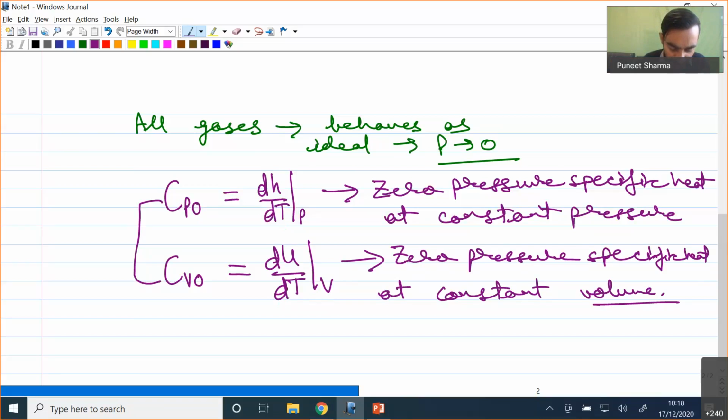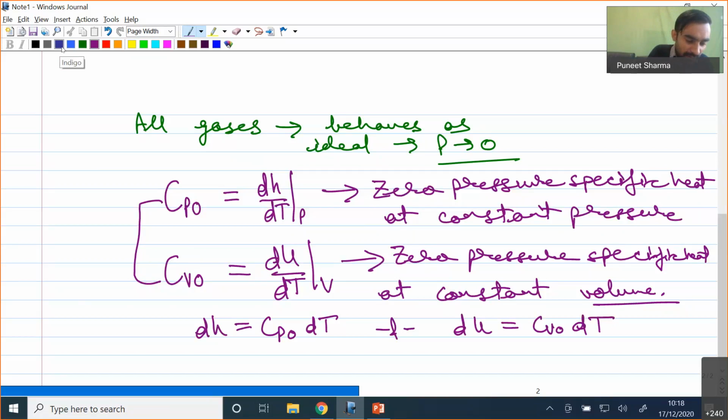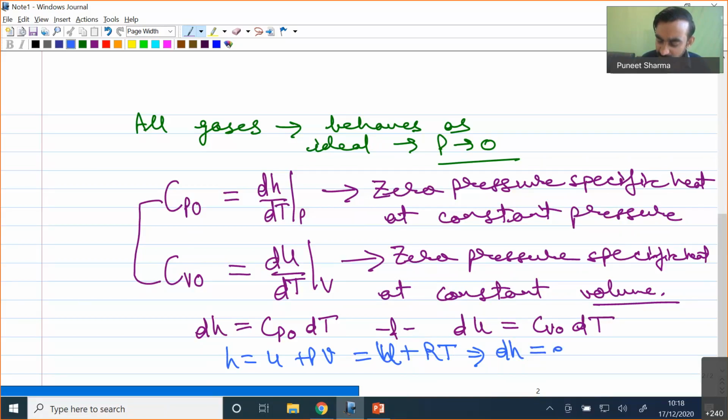So from here, for gases, dH is equal to Cp naught into dt, and du is Cv naught into dt. We already know that H equal to U plus PV, which is U plus RT, because PV I can write as RT. Now if I find dH, it will be du plus R into dt.